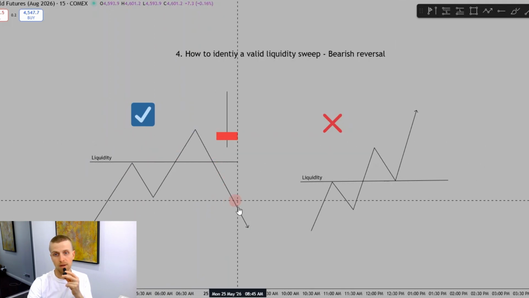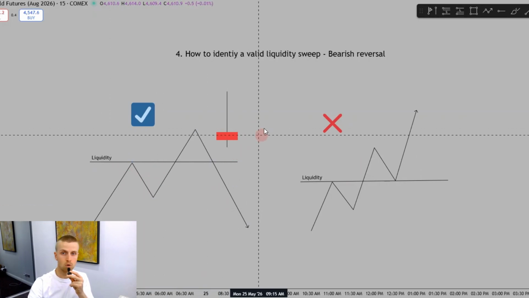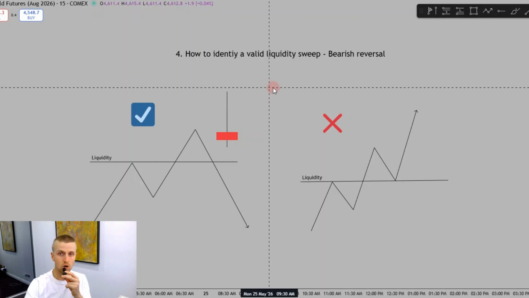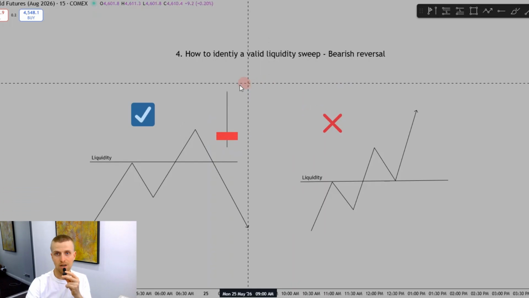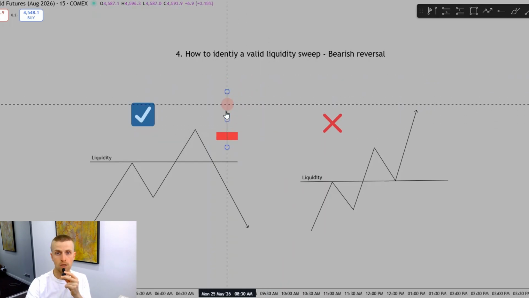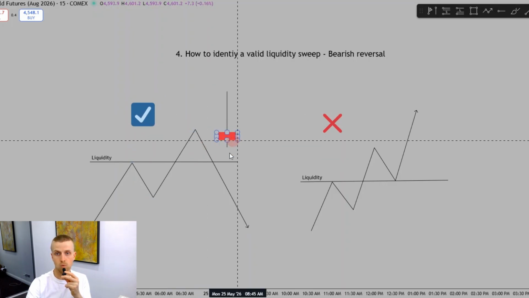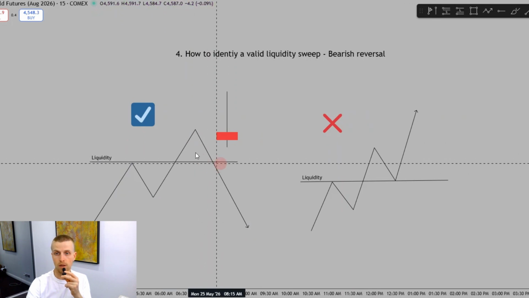We are now back below this high. And just as before, with the bullish scenario, this is the exact opposite. So we have a small body on the candle and a very long top wick. The long top wick was where we swept all of this liquidity, and then this body will close below this level or somewhere around that level.